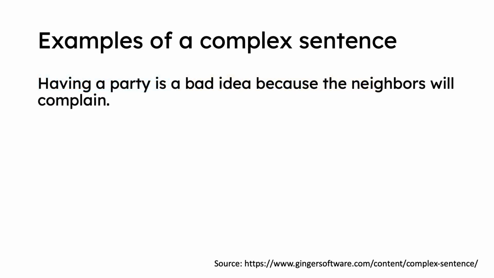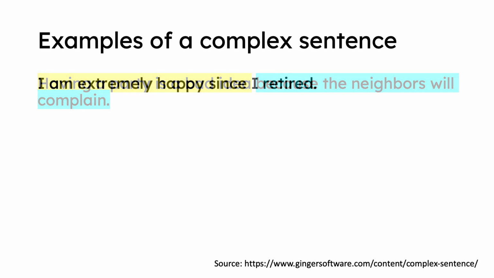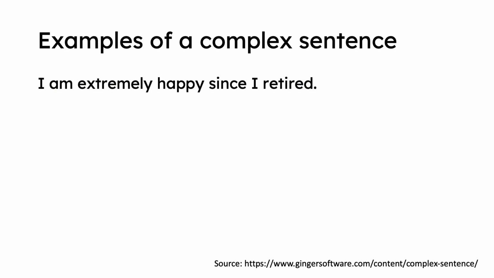Having a party is a bad idea because the neighbors will complain. Independent clause? Having a party is a bad idea. Dependent clause? Because the neighbors will complain. I'm extremely happy since I retired. Independent clause? I am extremely happy. Dependent clause? Since I retired.